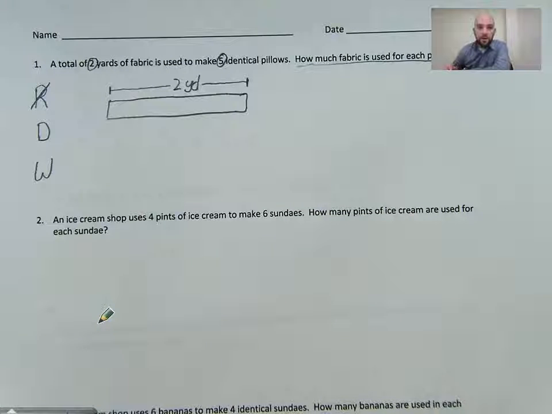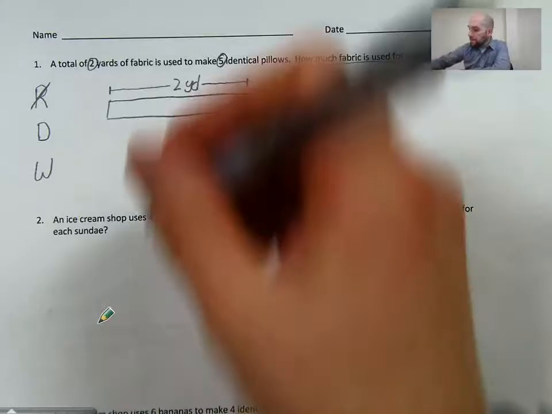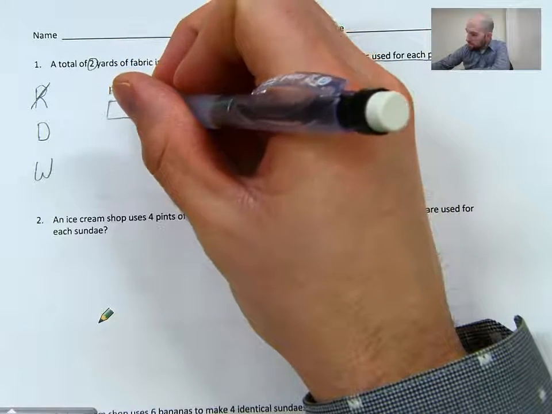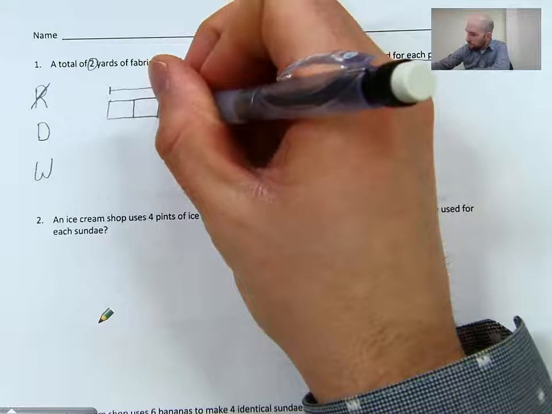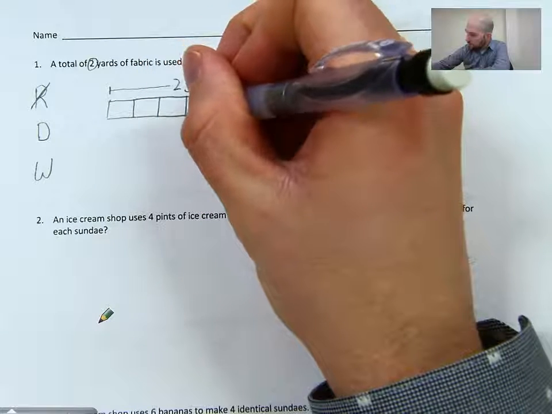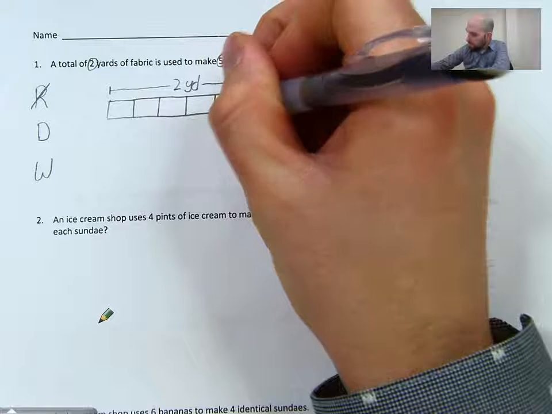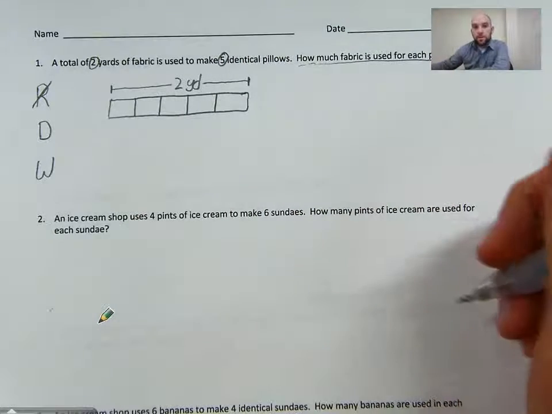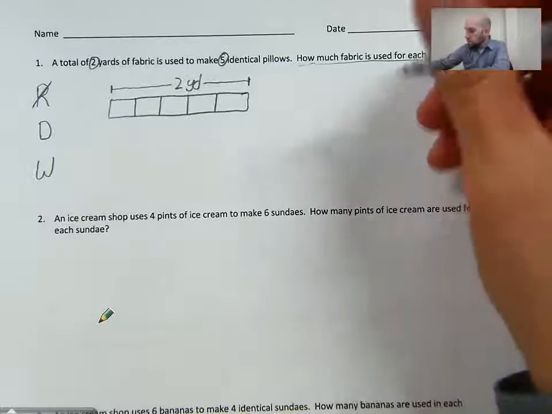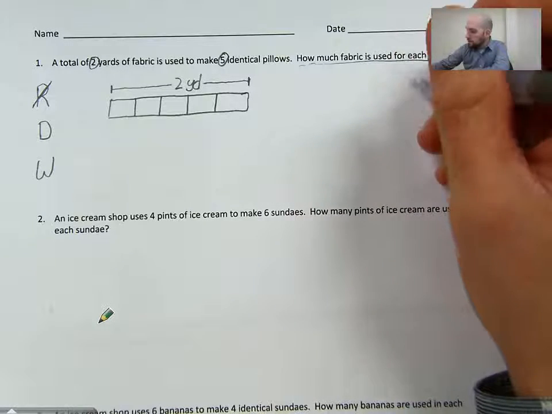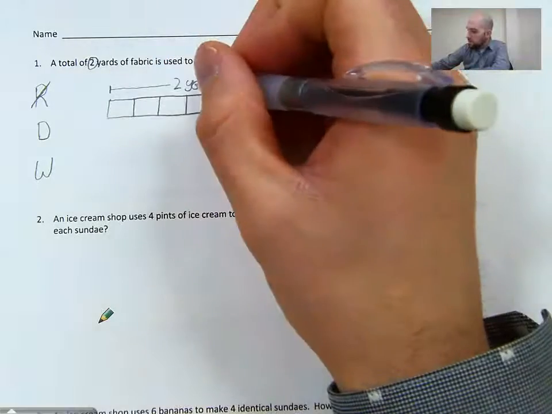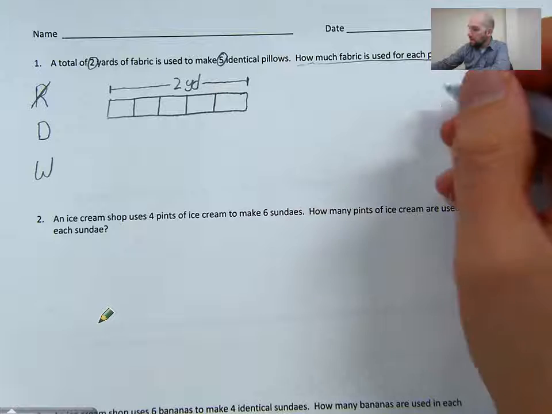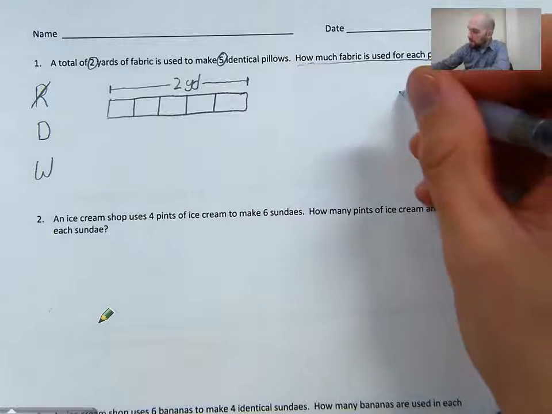So I have 2 yards of fabric to make 5 identical pillows. So I need to split this into 5 parts. So next, I need to divide. So I'm going to divide 2 yards by 5 to figure out how much fabric is used in each pillow.